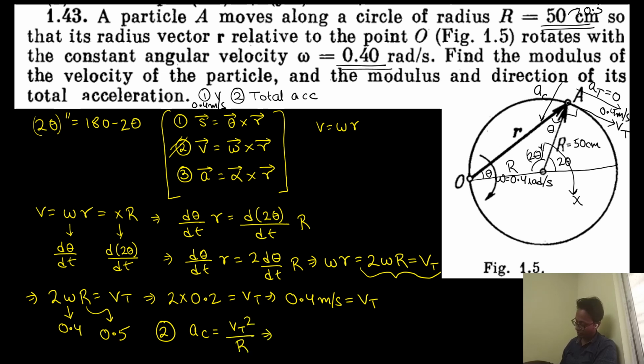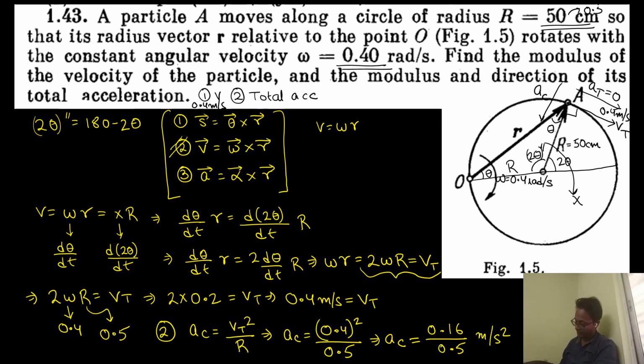What is the value of Vt? 0.4 square divided by 0.5. So the centripetal acceleration is 0.16 divided by 0.5 meter per second square.